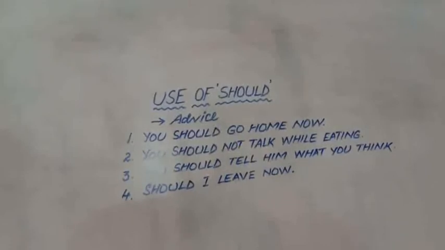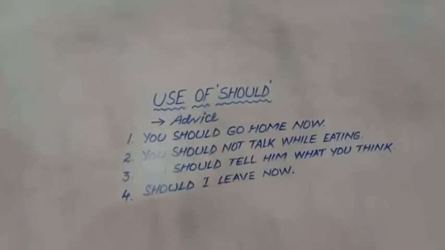Now let's do one thing. Let's remove the word should from the sentence. So what stands here? You go home now. Now when I remove the word should, the sentence is you go home now. So here I am not giving a clear idea of what I want.